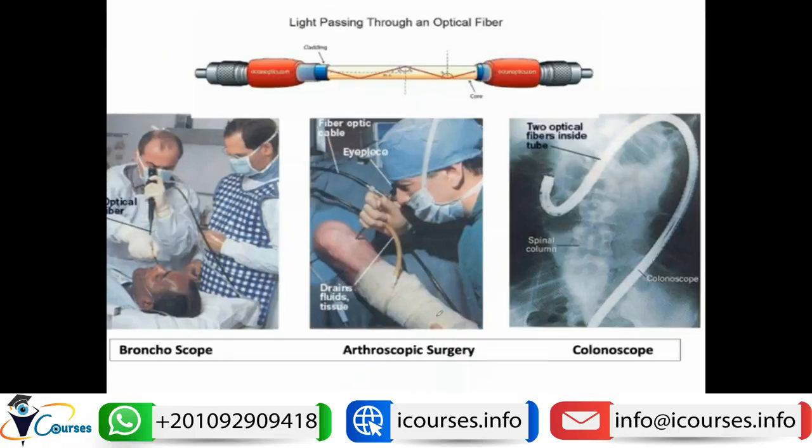There are different uses for fiber optics, not only in ophthalmology but in medicine as a whole, like bronchoscopy, arthroscopy and colonoscopy. These fiber optics can pass through different structures, can bend, and the examiner can see through the light from it, because of the principle of total internal reflection.